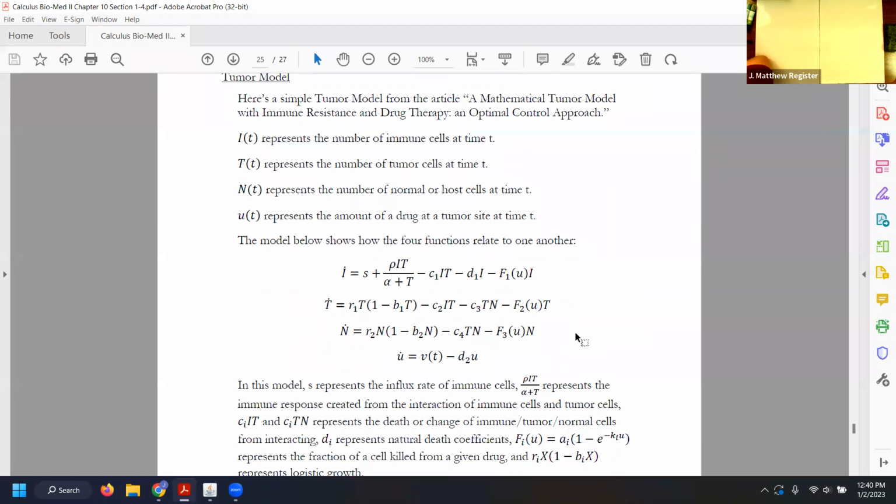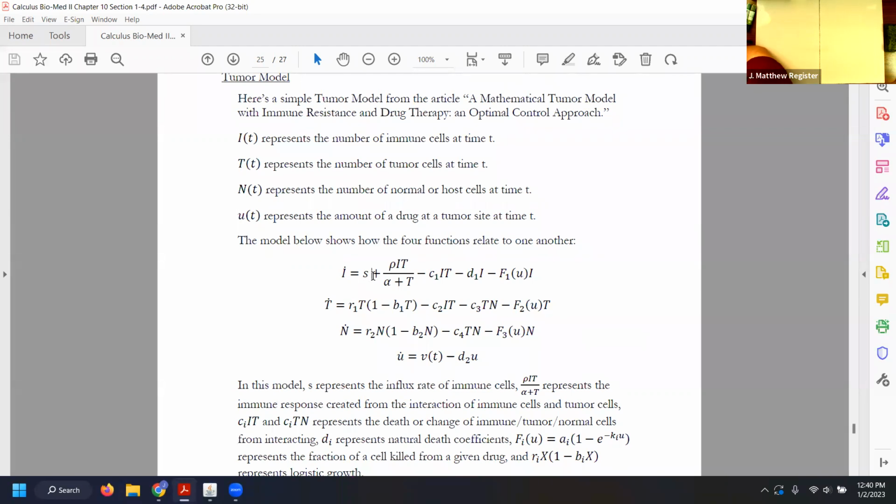Let's go one equation at a time. We have I dot, the number of immune cells at time t. The first term we have here is S. This does not have any of the other variables associated with it. What that tells us is that it's not dependent on the number of immune cells, tumor cells, normal cells, or anything else. This is just the natural rate at which immune cells are created.